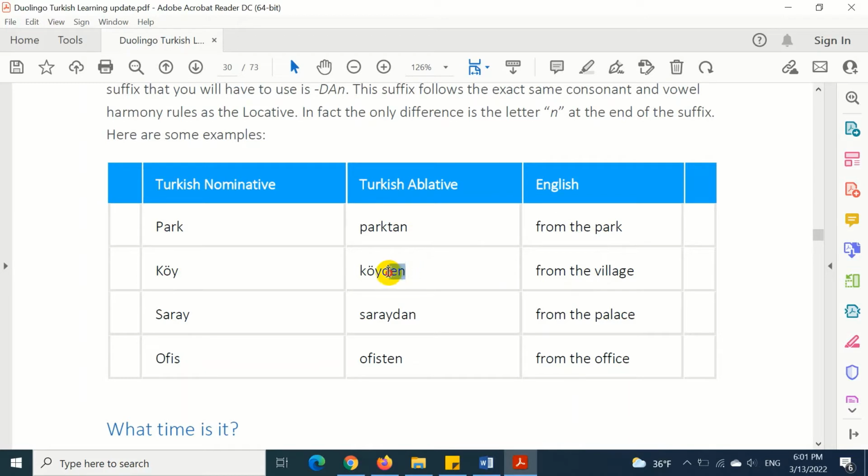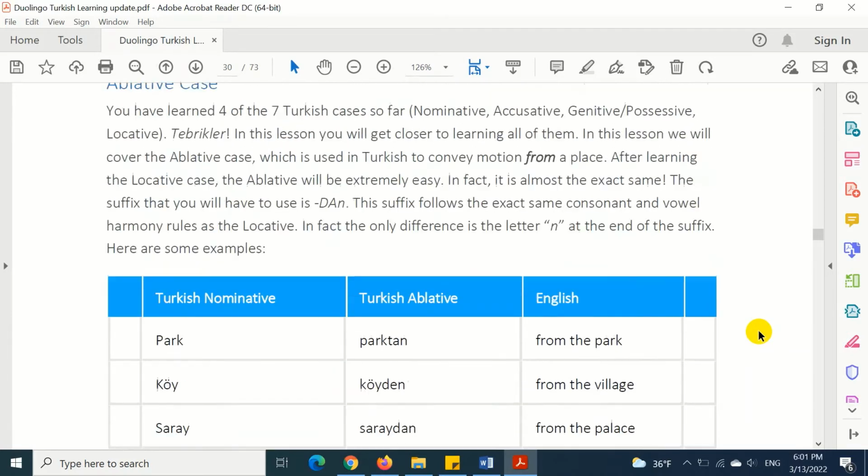Why have you used den here? Because here we have a soft vowel letter. Saray, saraydan, from the palace. Ofis means office, ofisten, dan is changed to ten because this word ends in s, which is one of the fıstıkçı şahap letters.